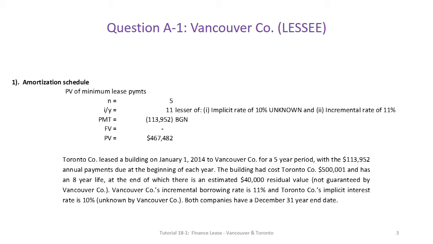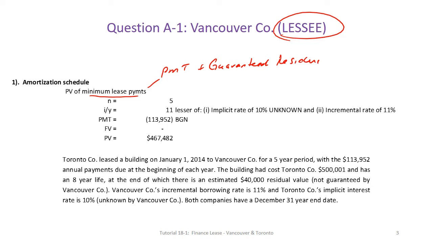Okay, so we always typically look first from the perspective of the lessee. The lessee takes the payment from the lessor and determines what the present value of those minimum lease payments are. The minimum lease payments will include any lease payments plus any guaranteed residual.